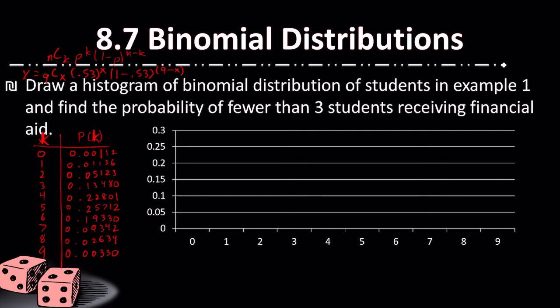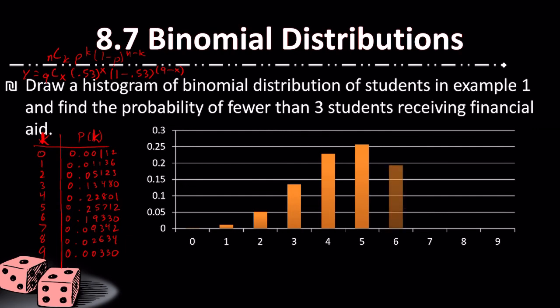But if you add them all together, you get 1, meaning one of them happens. So there's the 0, 1, 2, 3, 4, 5, 6, 7, 8, and 9. You can see 5 is the most common, so 5 is the most likely number of students that receive financial aid.